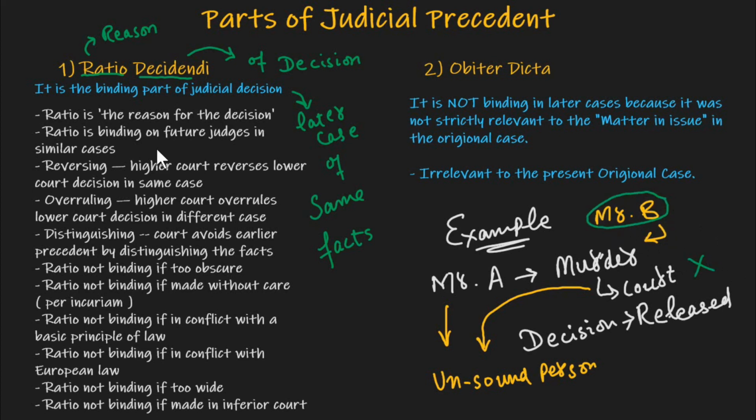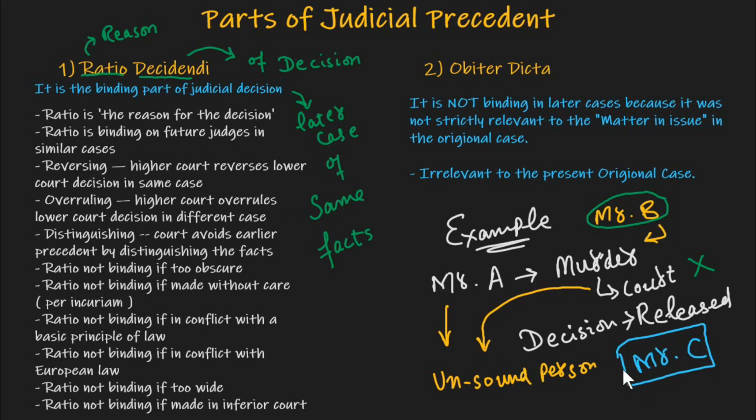Okay, let's discuss some more points related to them. A ratio is the reason of decision. Like in the case of Mr. A, the reason was he was an unsound person, so that's why the court released him. So that was the reason of the court's decision. A ratio is binding on future judges in similar cases. Now let's say here we have Mr. C who commits a similar crime, and the facts of Mr. C and Mr. A are the same.